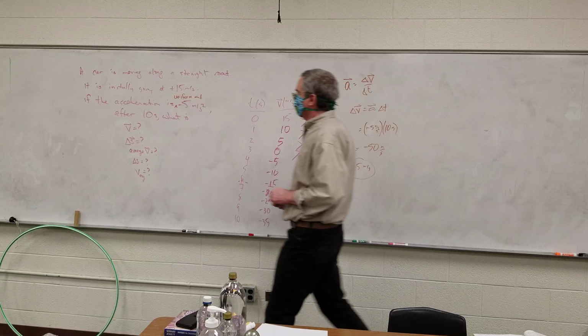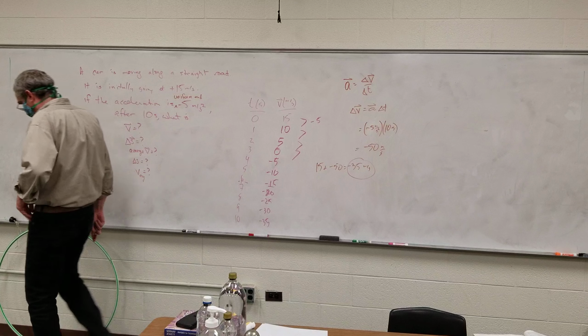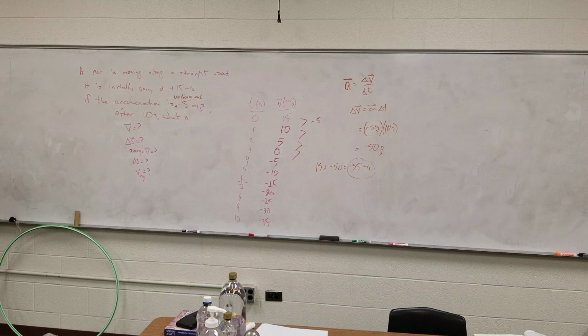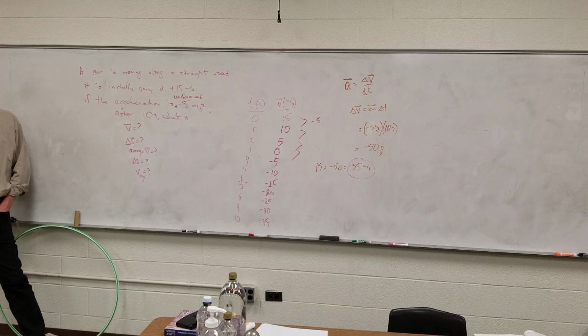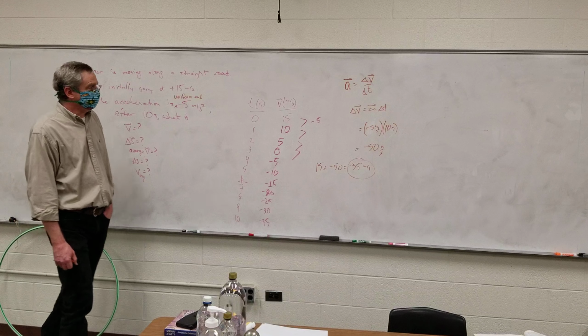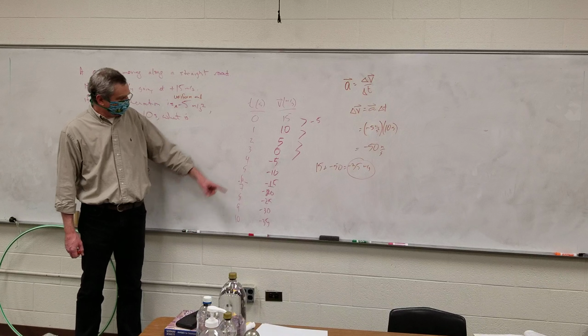All right. Averaging. What is the average velocity? All right, let's do it the old-fashioned way, and then we'll work to a simpler method. I have a bunch of numbers here.